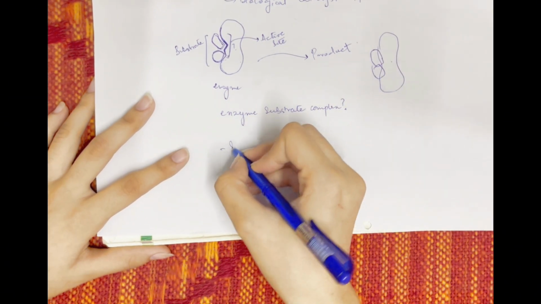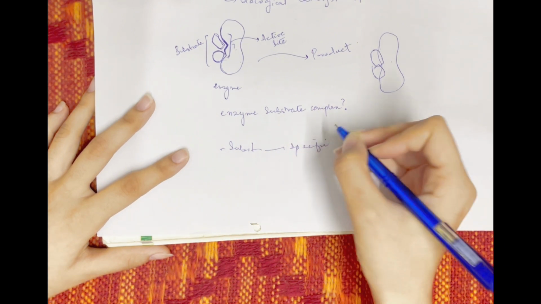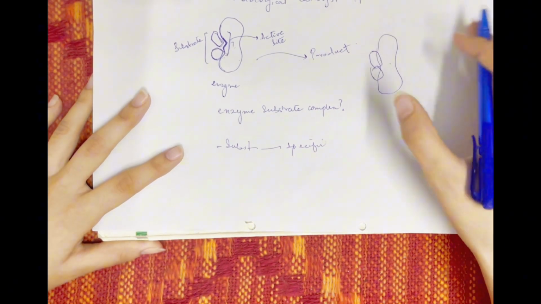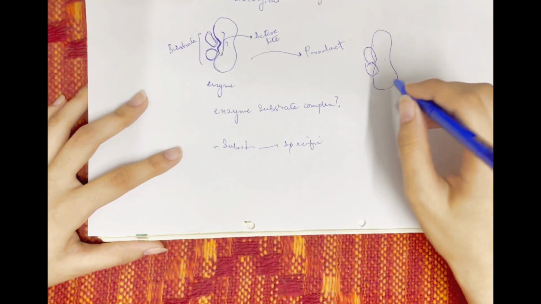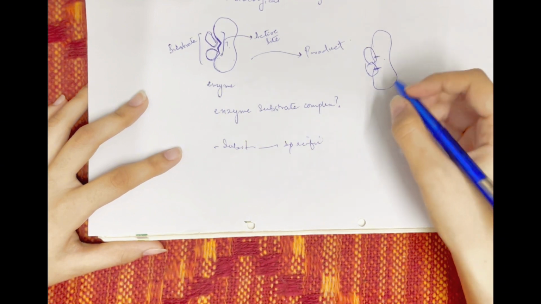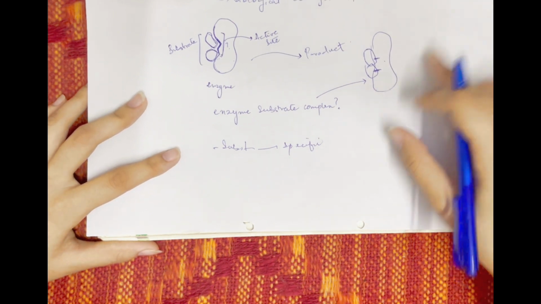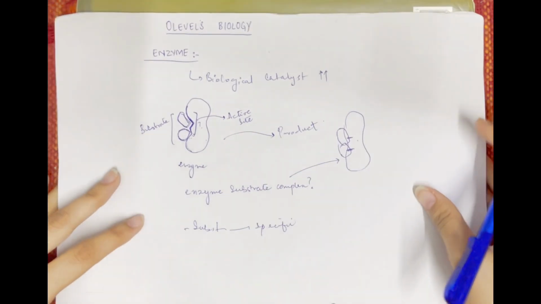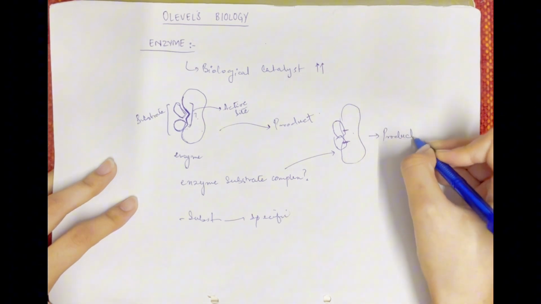Do remember that substrates are always specific because they cannot be attached to any kind of enzyme. They are always very specific when it comes to an enzyme. So when the enzyme and the substrate are bound together, they are called an enzyme-substrate complex. Once the enzyme-substrate complex is formed, this forms up a product.